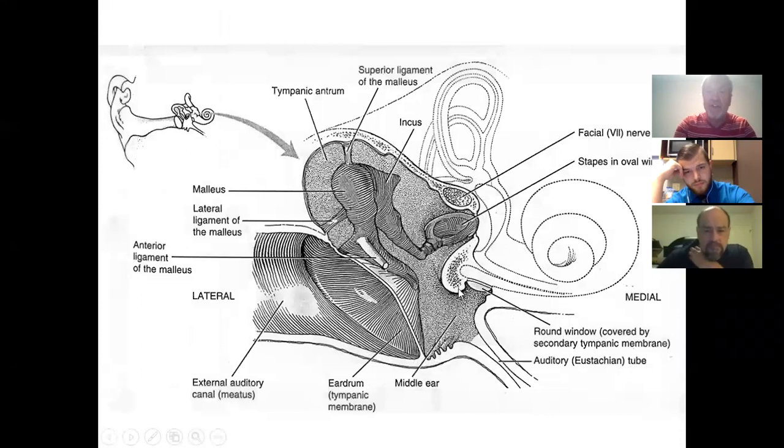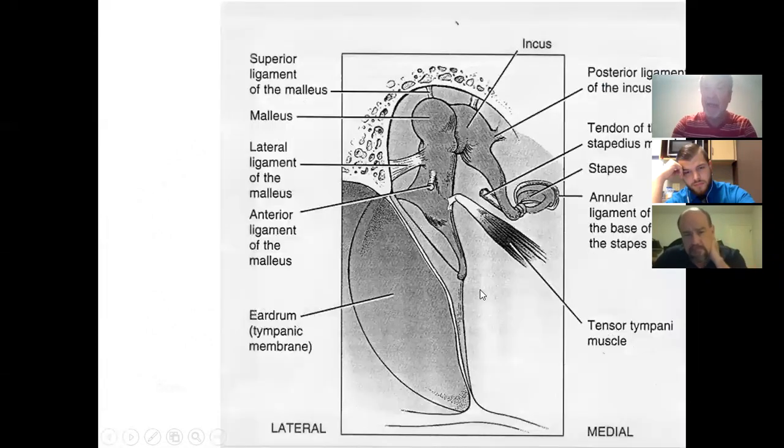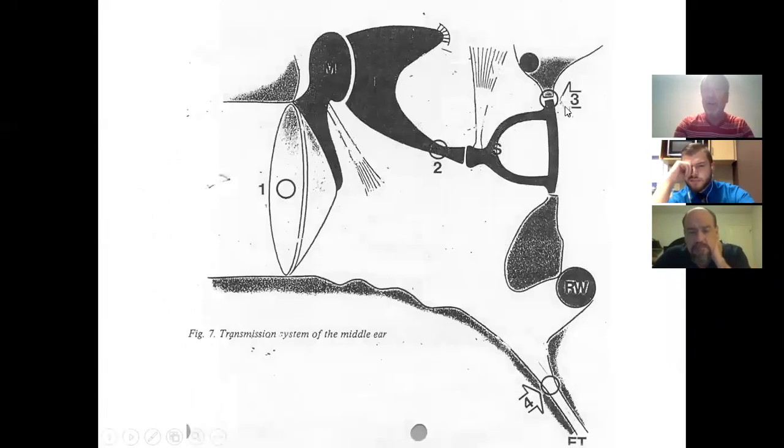That would be this, the promontory. The oval window, the foot plate of the stapes in the oval window, the promontory, and the round window. And on the schematic, the oval window, okay, here, the oval window, the promontory, and the RW, round window.